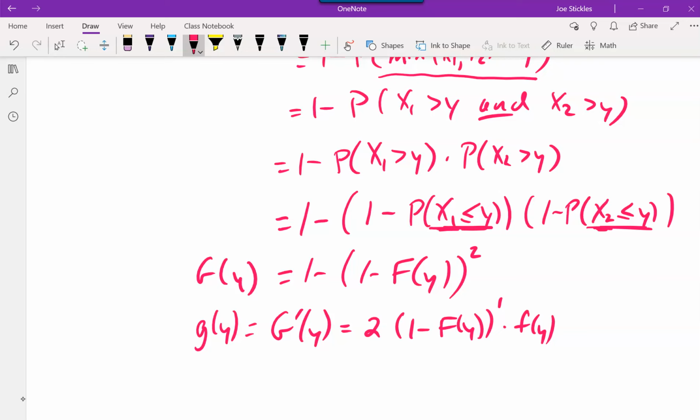So generally speaking, let me write the general formula and then we'll go back and find the exact density function here.